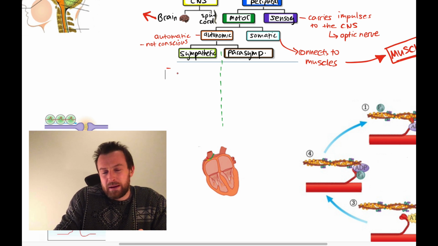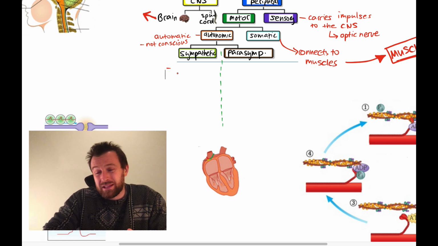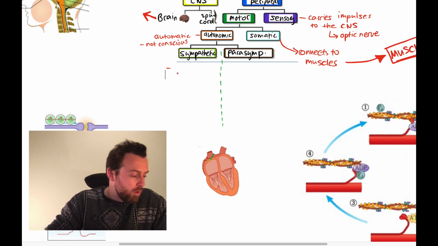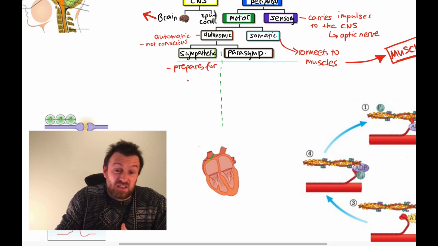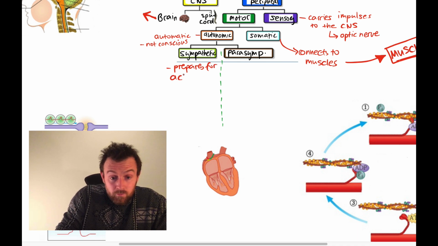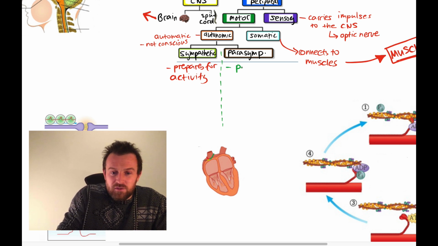I think of it as speeding up, and the parasympathetic is slowing down. But more accurately, we could say that the sympathetic prepares for physical activity, whereas the parasympathetic prepares for rest.